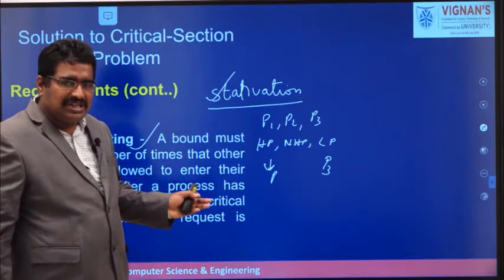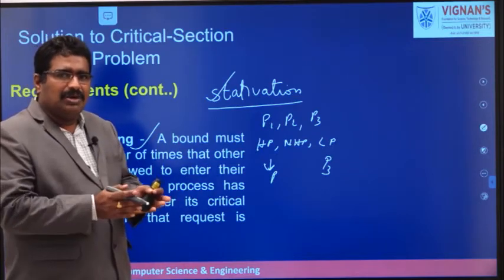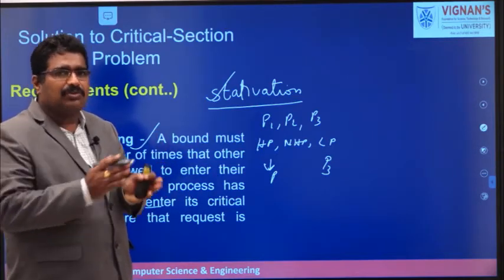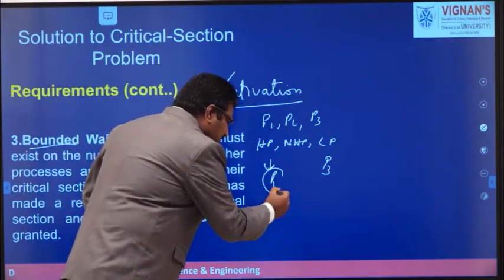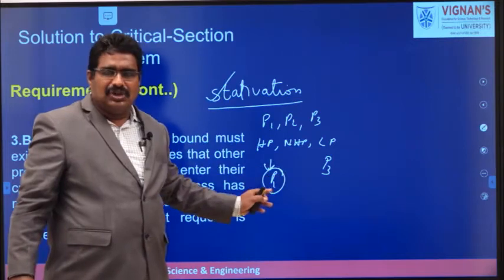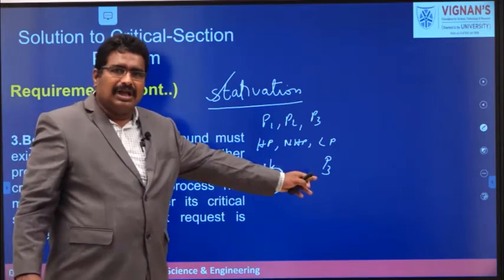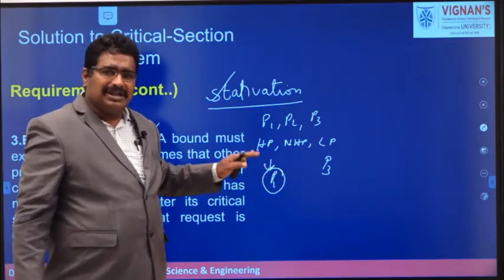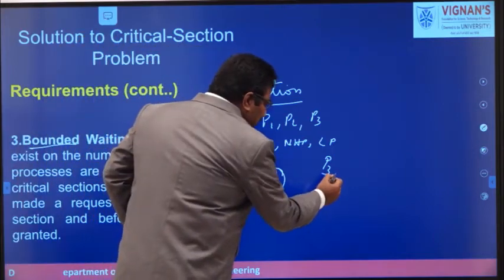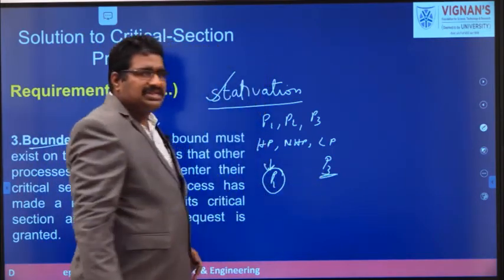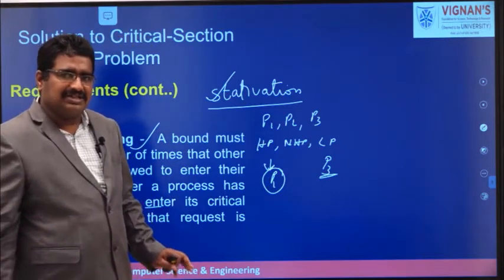Mutual exclusion says that at any instant of time, only one process is allowed to enter its critical section. Already P1 is in the critical section. If P3 tries to enter, it is not allowed until P1 completes the critical section. For that reason, the algorithm does not allow P3, and P3 waits to enter its critical section.